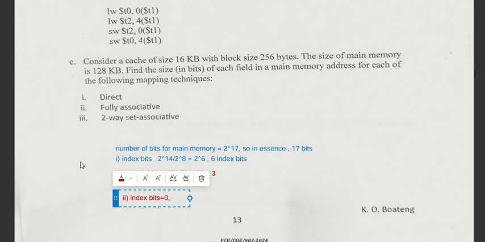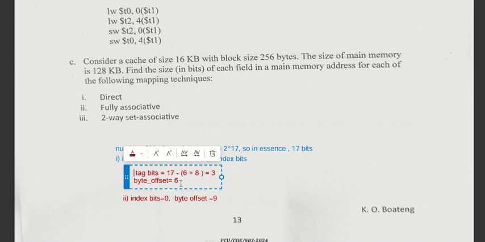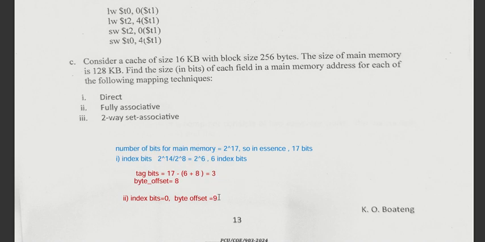Wait, did I say our byte offset was 6? It's supposed to be 8. 2 raised to the power 8 is 256. So our byte offset will still be 8.